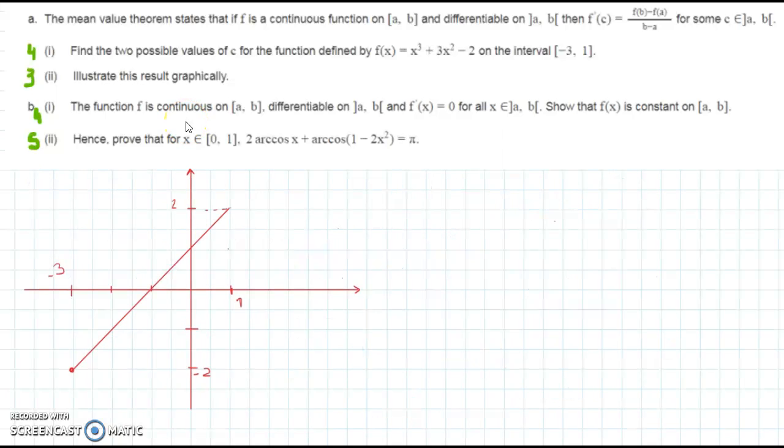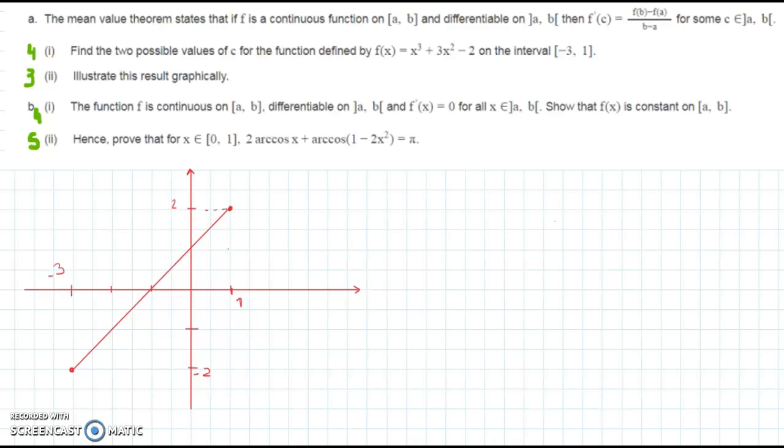Part A2 asks us to illustrate this result graphically, and I cheated a little bit because I started doing the picture when you were not looking at me. So I have over here the interval minus 3, 1, and I know the value of the function at minus 3 is minus 2, and at 1 is 2. And then I need to see how the function looks, and that I check in the calculator.